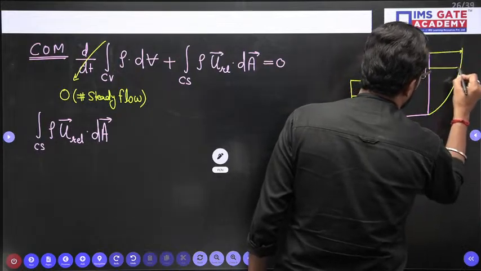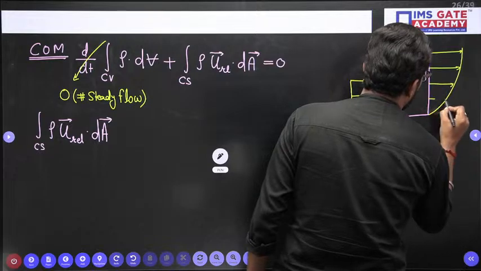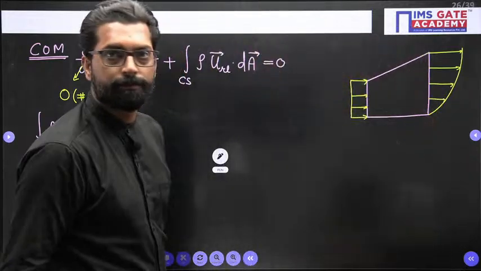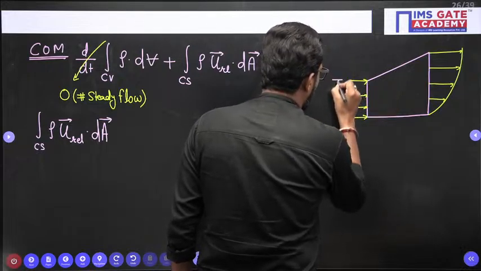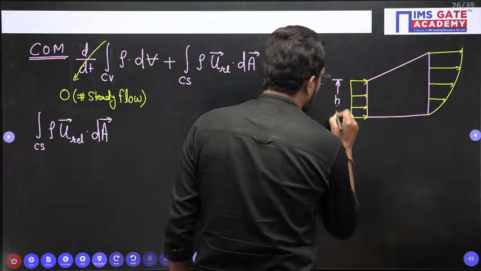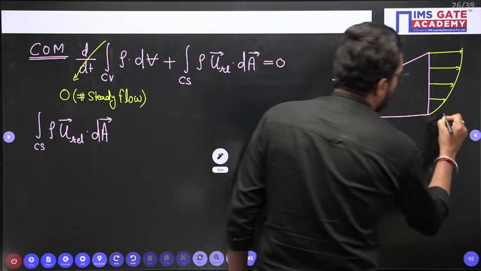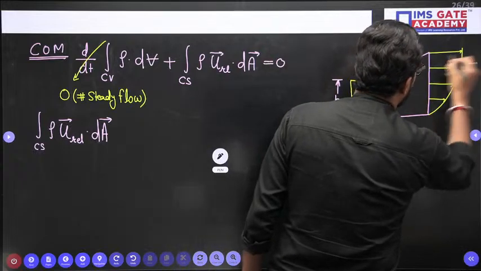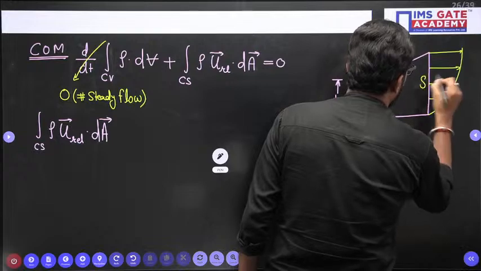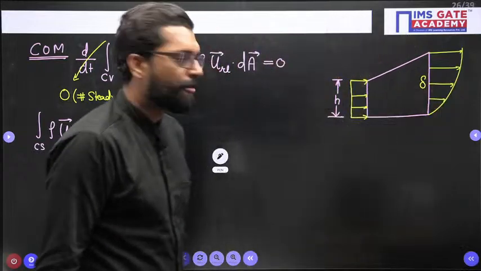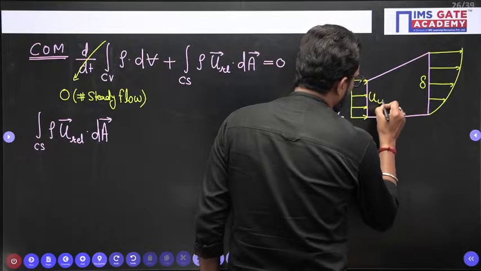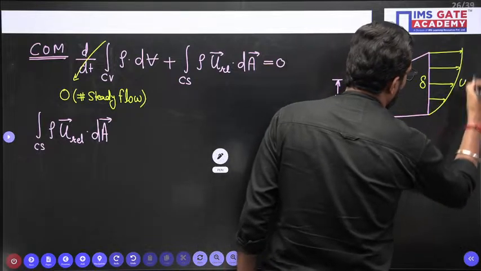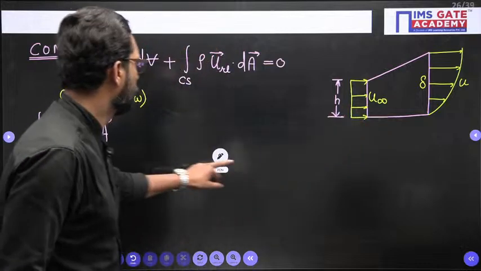Yes or not? Now this is height h, and this is height delta. This is the velocity u infinity at the inlet, and this is the velocity u, and it is also given.